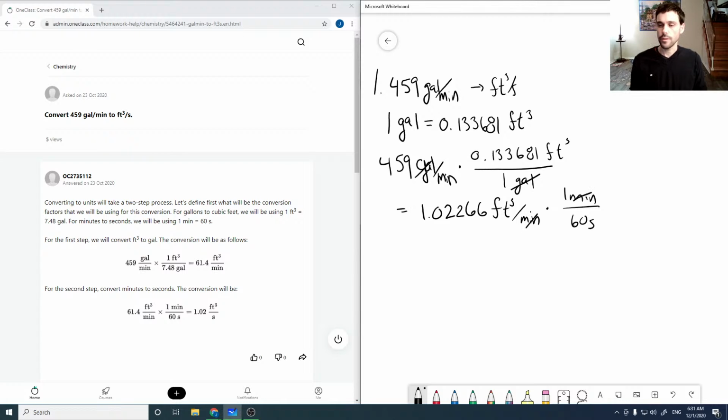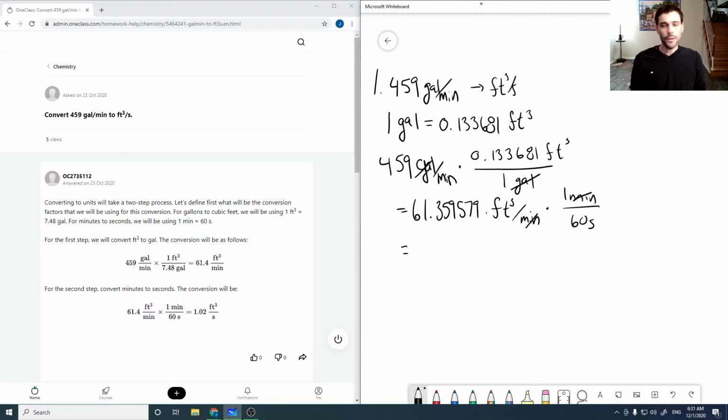Again, do it so that the units cancel. And then we get, oh, I jumped a step there, sorry. That's actually 61.359579. There we go, that makes more sense.